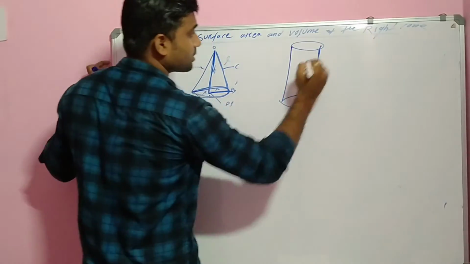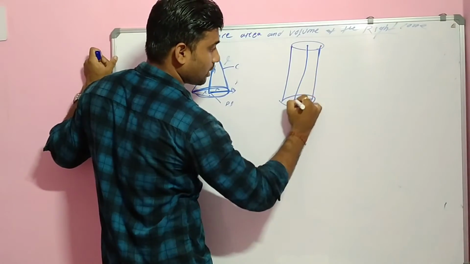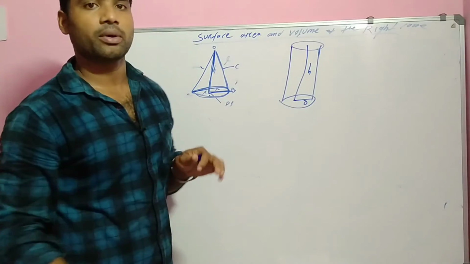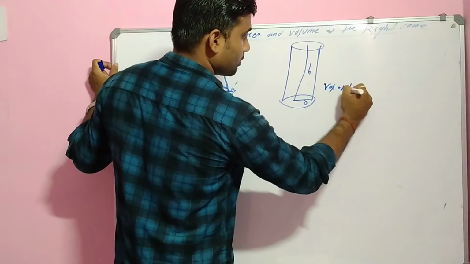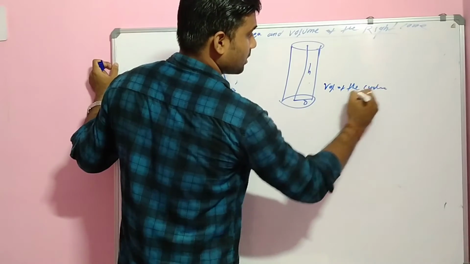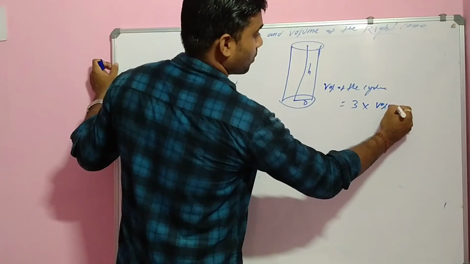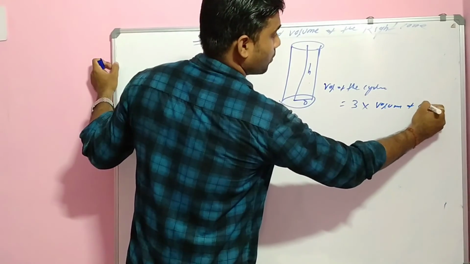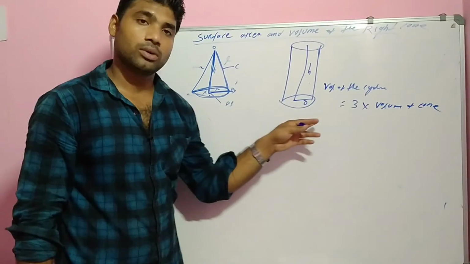Okay, cylinder radius r and height h. Keep in mind the volume of the cylinder is equal to 3 times the volume of the cone. Understood?